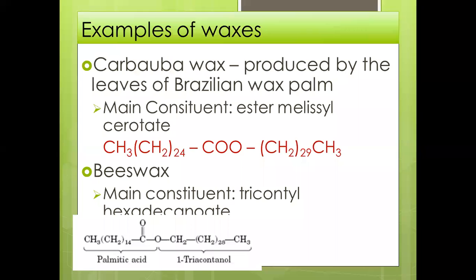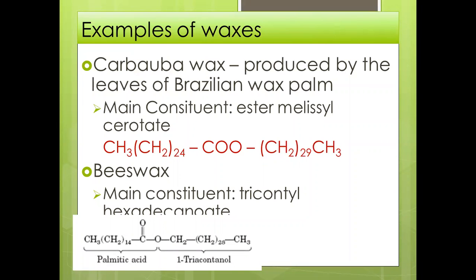So the difference between waxes and these, you can see COO and other functional groups that I mentioned earlier. If it's only hydrocarbon, like petroleum products, you don't see any functional groups like the ester bond. So that's the difference between the wax and petroleum jelly.